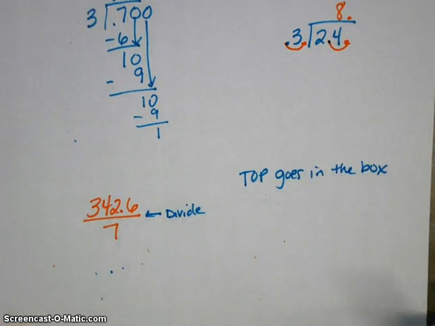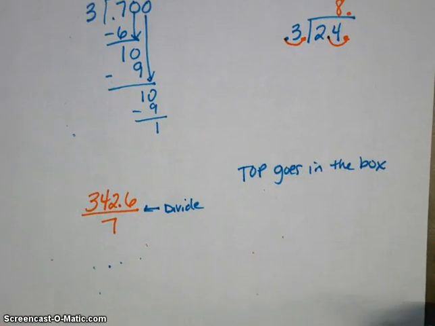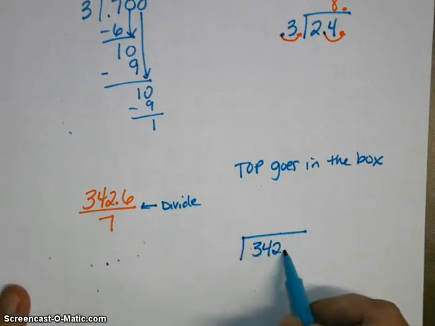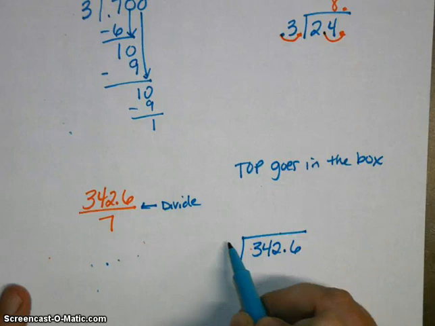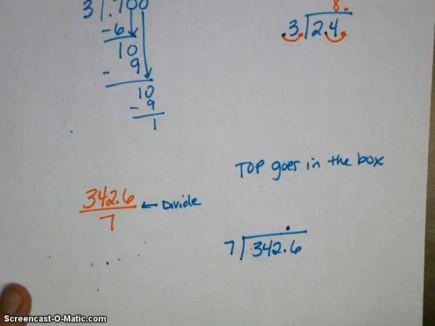So I'm going to put 342.6 inside my box and 7 on the outside. 7 does not have a decimal, so we're good. Bring this decimal straight up and divide.